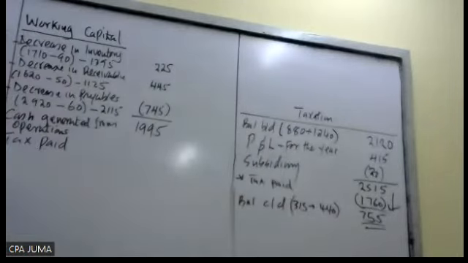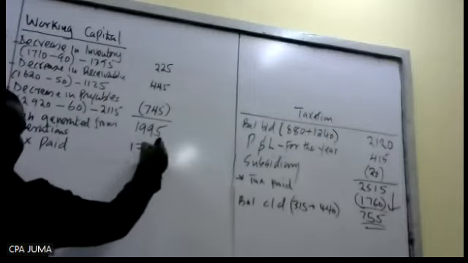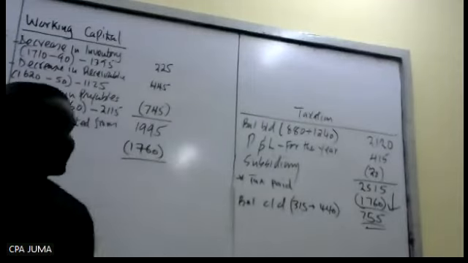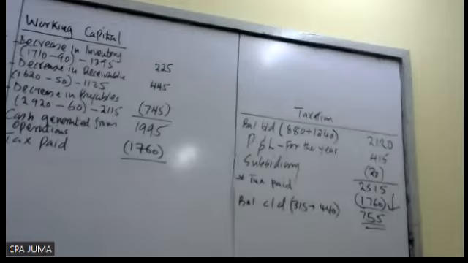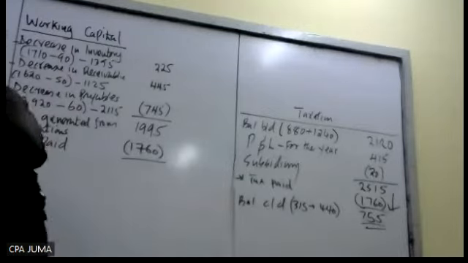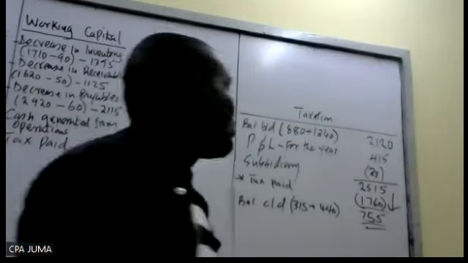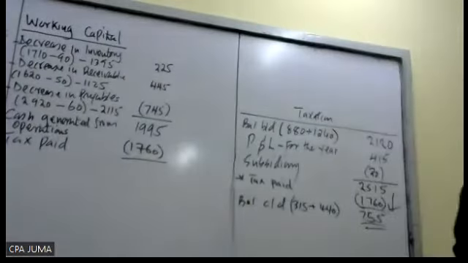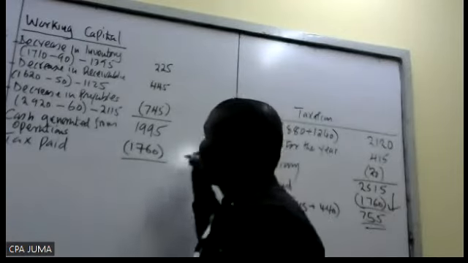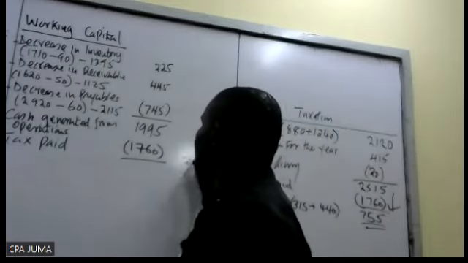So go back to the cash flow. This is 1760, and operations ends there. Can you tell us how much that is? You get 235, positive. Positive 235.